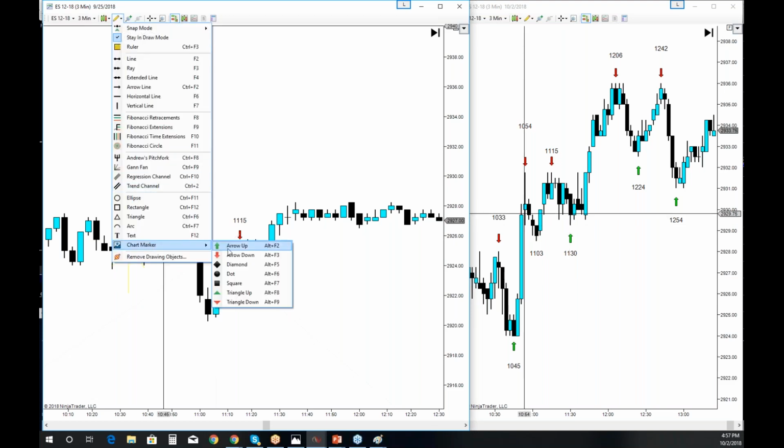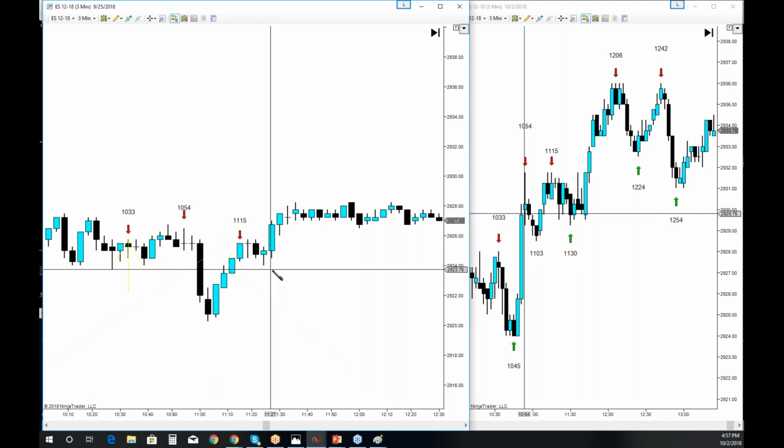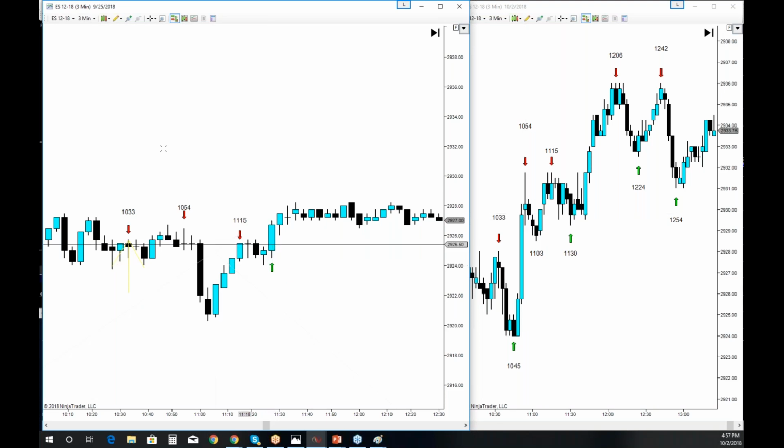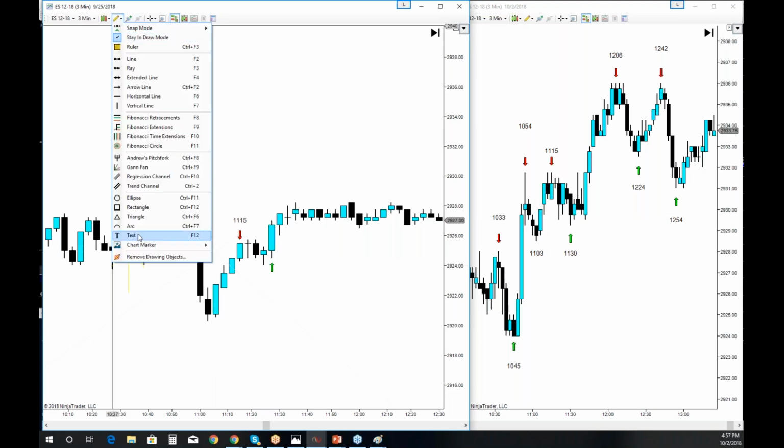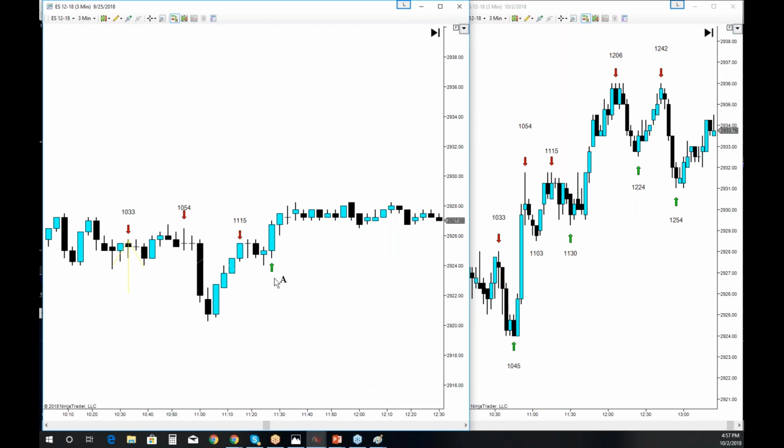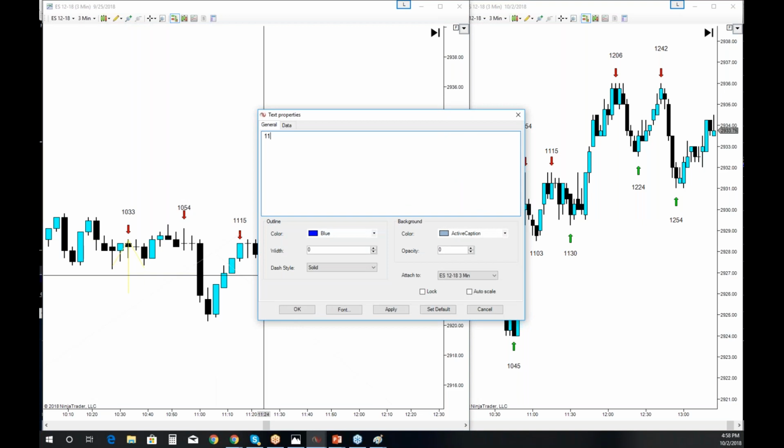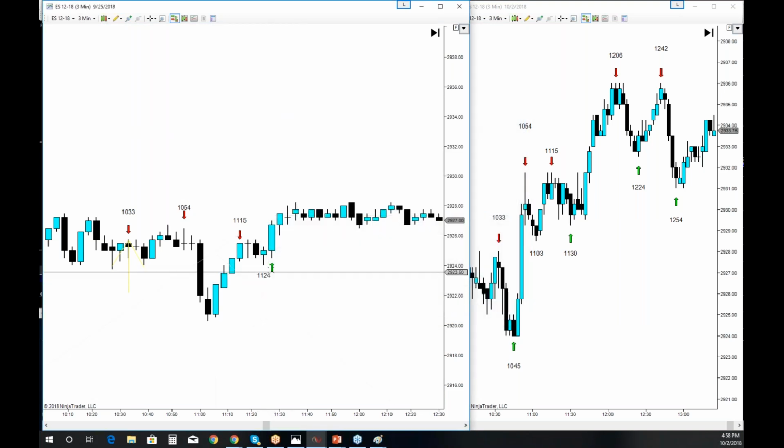Okay, so the next time after 1115, the lowest signal I have here is 1130, and we're just going to fill this in. And 1127 is the low over here before it shoots up. So I'm going to call this 1124 to 1127. On this side is the low. Over here it's 1130.